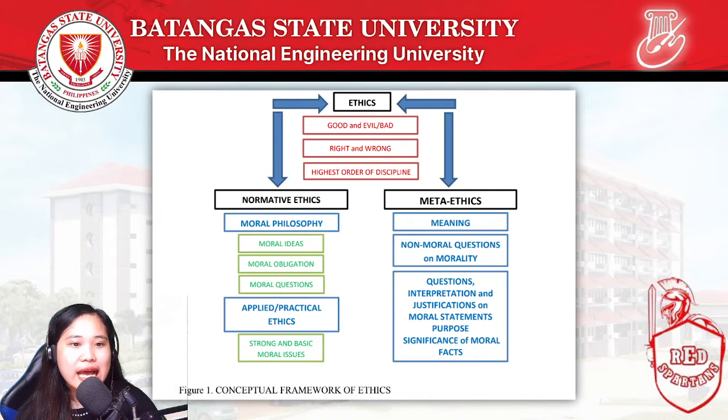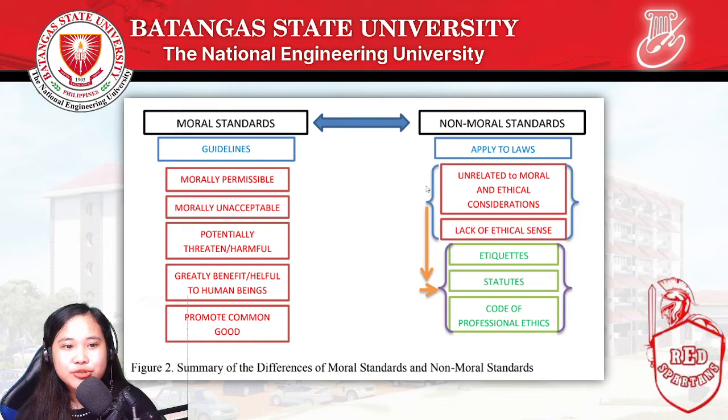So now, we're going to move to the summary of differences of moral standards and non-moral standards. Okay. So, when we say moral standards, it can be perceived to be universal.